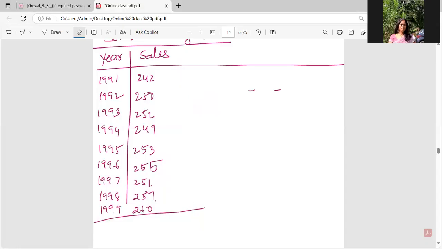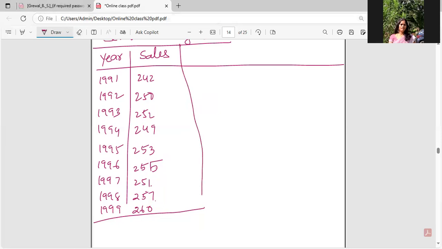So what I will do is take the average of these 3 values first. That's 242 plus 250 plus 252, divided by 3. So the first value is open. Next, I will take the average of these 3 values, that is 250 plus 252 plus 249 by 3.